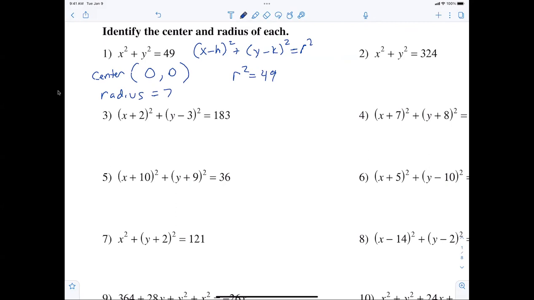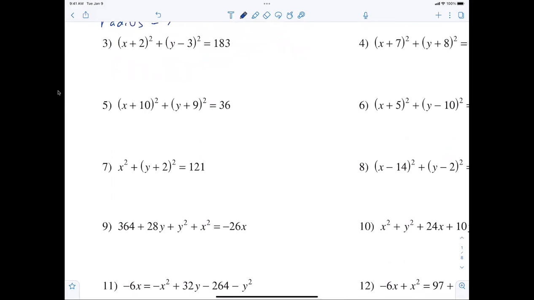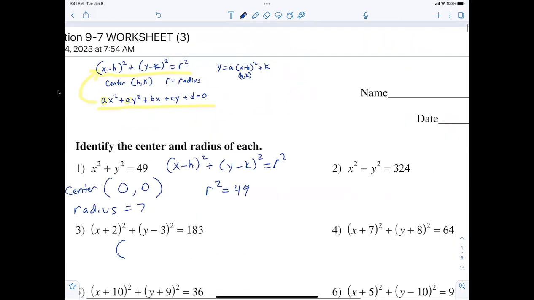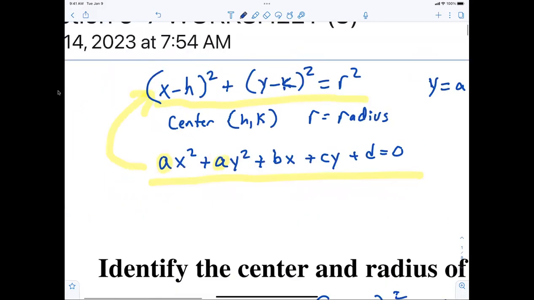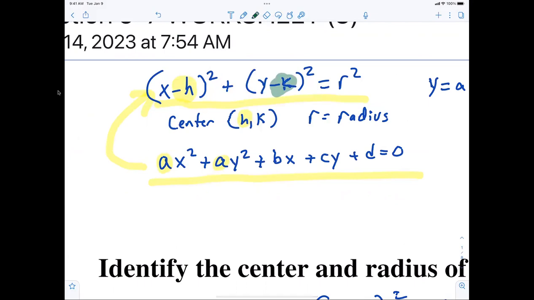All right, so let's see if you're getting the hang of this. For number 3, what's the center? Say it again. Now, what I want to show you is, look up here at the way I wrote it. Look at this right here, and this right here, and this right here.